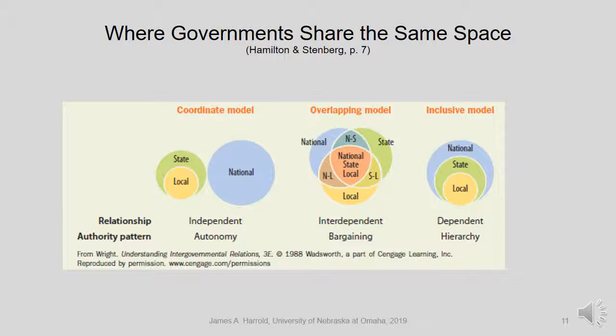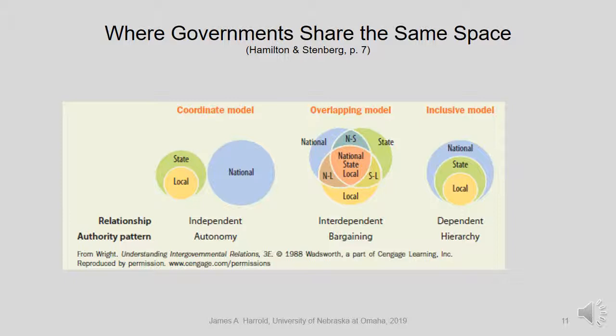And the third is really a dependent model, and it's a hierarchical model. So in this model, which a lot of people sort of think federalism is, we think the local government takes orders from the state government, which takes orders from the national government, but we know that really it's not strictly a hierarchy.